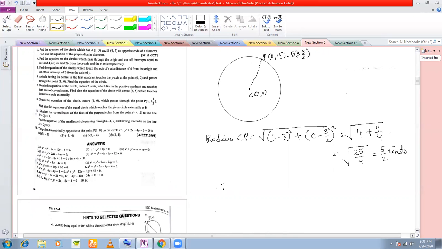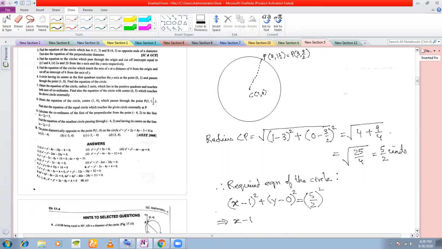So therefore the required equation of the circle, what is the form that you will use? The standard form: x minus h whole square plus y minus k whole square is equal to r square. So x minus 1 whole square plus y minus 0 whole square is equal to 5 by 2 whole square. Okay, so this will simplify a little.